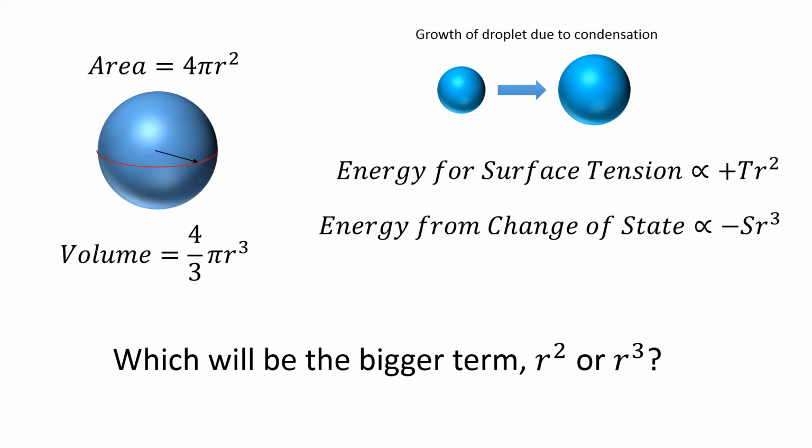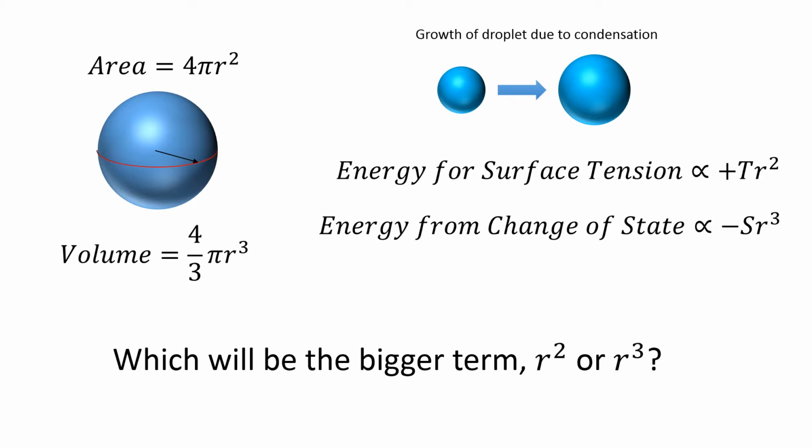Okay. But what if your number is actually very small? What if you've got a very, very small water droplet? Okay. So what if your droplet is 0.1? Okay.